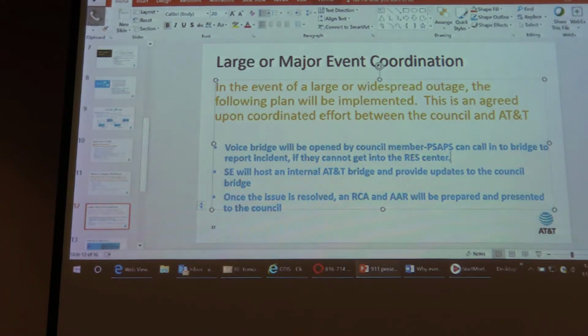And we will tell you that the bridge has been opened, and we'll give you the number and the meeting ID to get into that bridge. That way, if you've been trying to call the rest center and you get a busy signal or it's just ringing, then you can call into that bridge and report your trouble there.